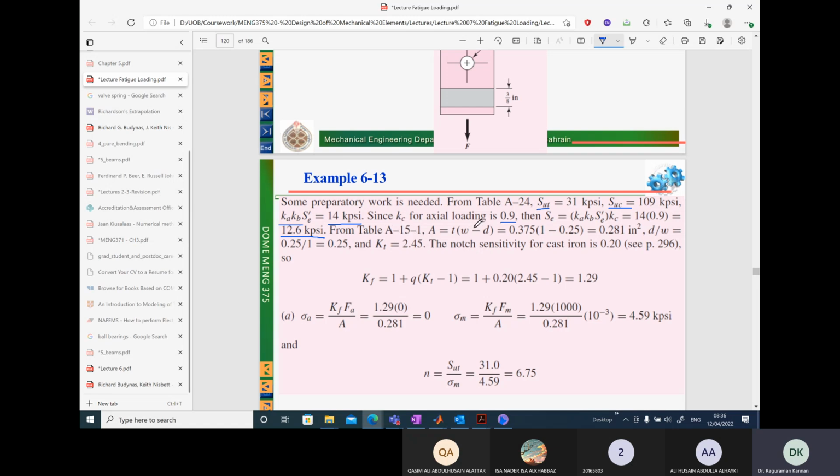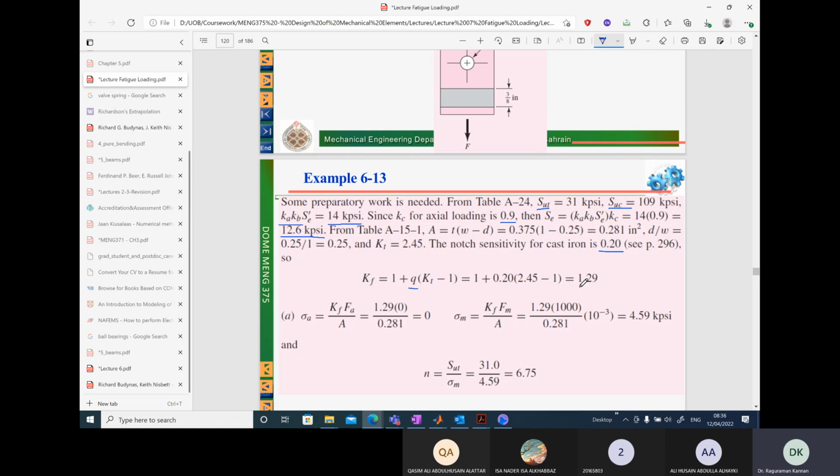From Table A15, we can get the stress concentration factor Kt. This is the standard method. The q value, the notch sensitivity factor, is again obtained from one of the graphs. We have gone through this already, so I'm not going to repeat it.